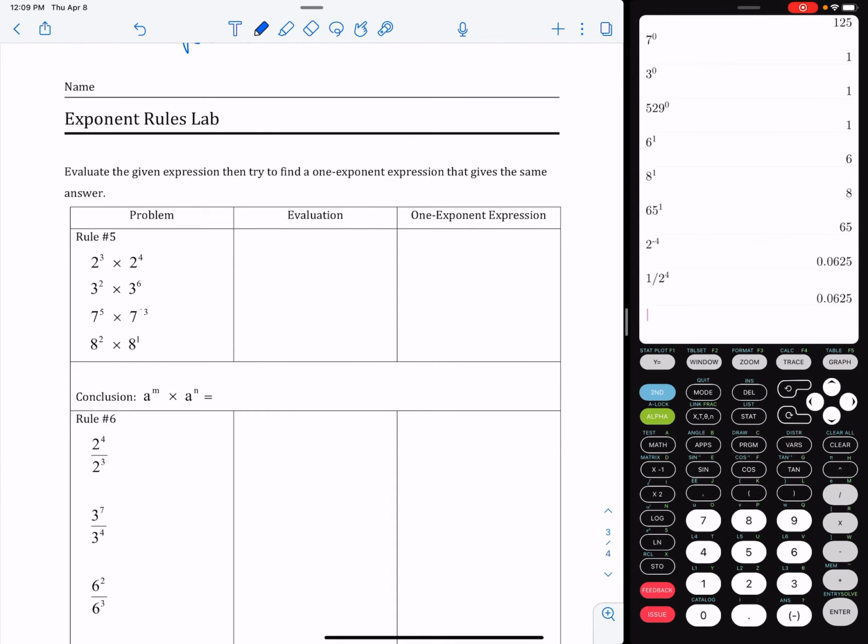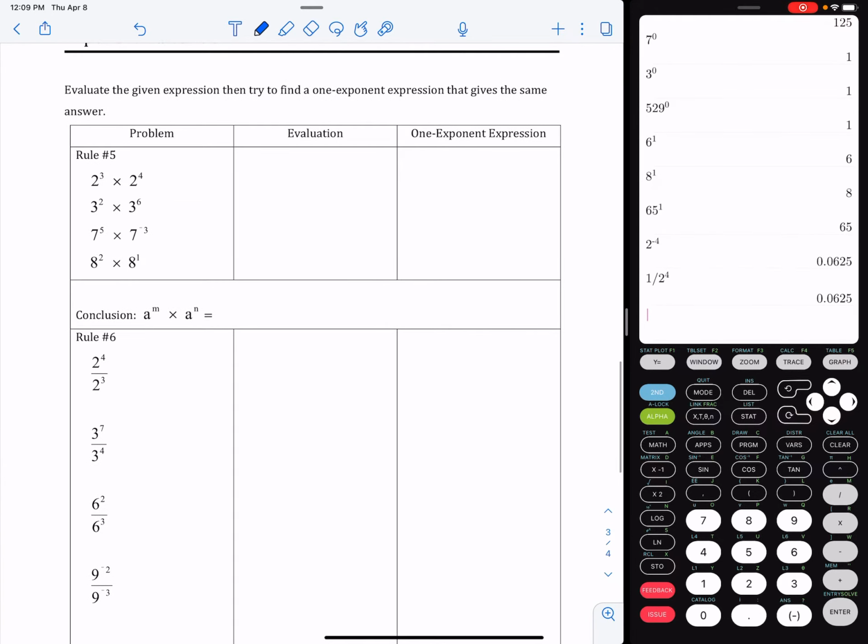Okay, now the rest of these are pretty interesting, where you start actually doing math problems. In this first one, rule number 5, I wanted you to type in 2 to the 3rd times 2 to the 4th. To do that on the calculator, you have to remember 2 exponent 3. If I keep typing, it's going to be in that exponent, so I've got to get out of the exponent before I can type anything else.